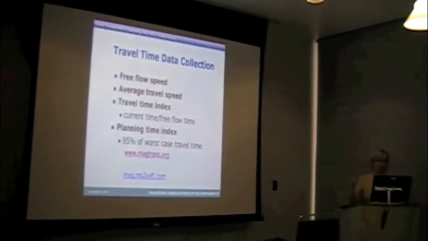So the day on which we had the slowest speed, in other words highest travel time, it gets 90%, 95% of the worst case travel time. And then it gives you the planning index.